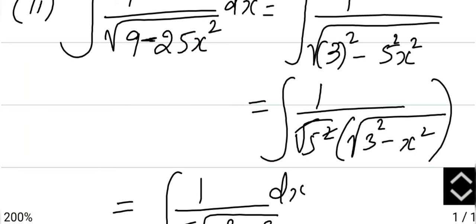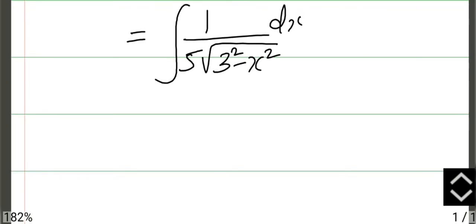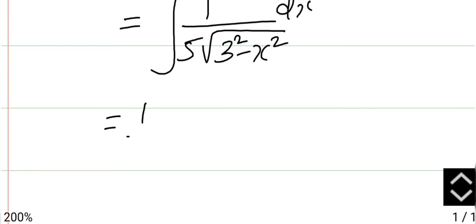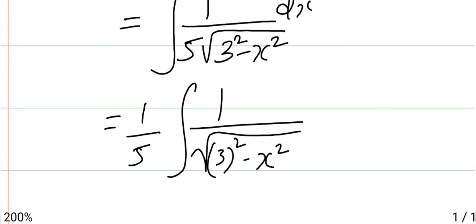We have dx here. So here, by using that formula, write this 1 by 5 outside. So we have 1 by root of 3 square minus x square dx.